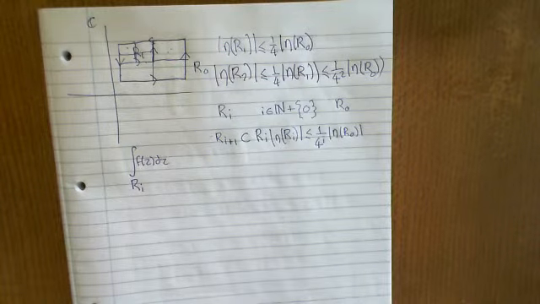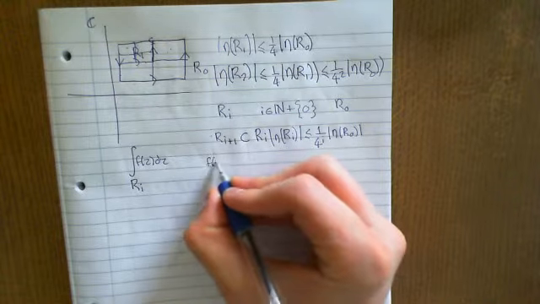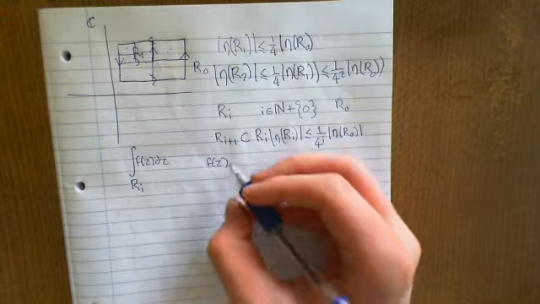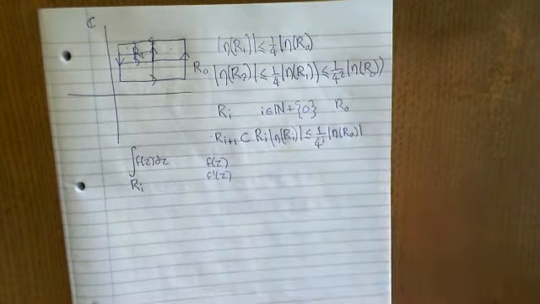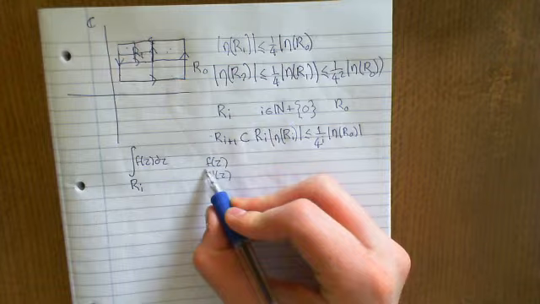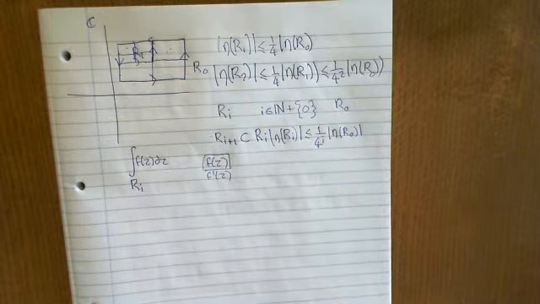The way we're going to do this is we're going to look at the function f(z), and we're going to look at what the derivative of the function is. So the derivative of the function will be f'(z). We'll assume that the function is complex differentiable. And then what we want to do is form an approximation of what f(z) is. Now, how do you form an approximation of what f(z) is?